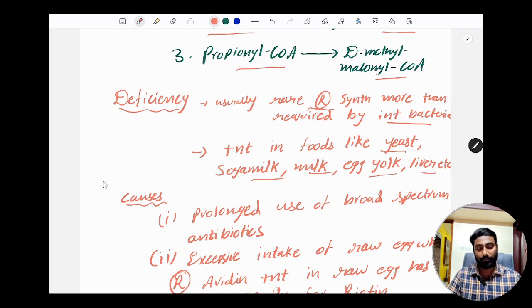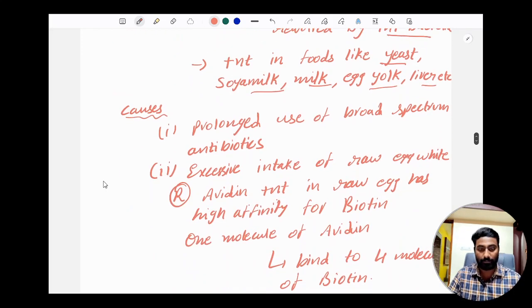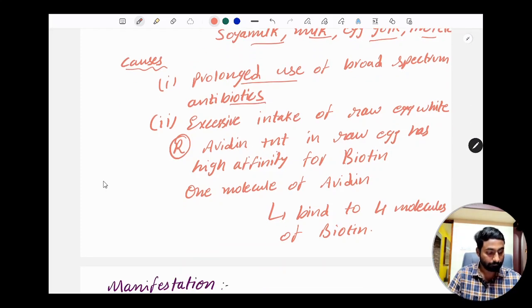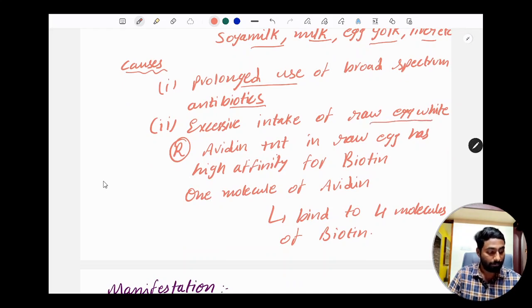Even if there is a deficiency, these are the causes: prolonged use of broad spectrum antibiotics, because of which it will kill intestinal bacteria, and excessive intake of raw eggs, raw egg white. The reason is raw egg white contains avidin. Avidin has high affinity towards biotin.